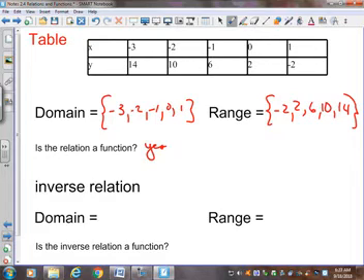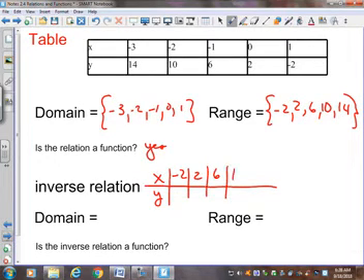And then we can make the inverse. We just have to reverse our table. So everything on the bottom row needs to come up and be put in order. And then the top row, -2 was with 1, 2 was with 0, 6 was with -1, 10 was with -2, and 14 was with -3.